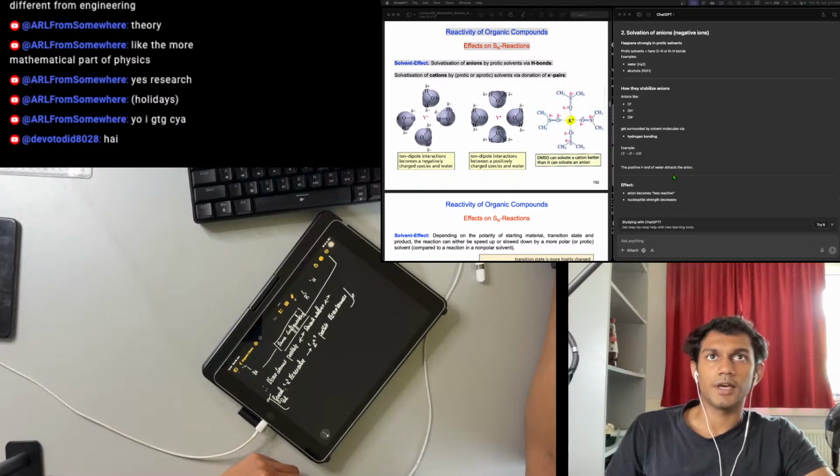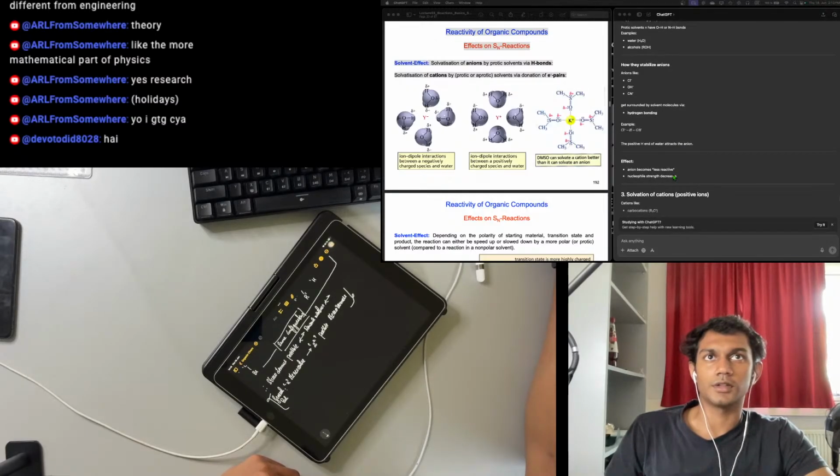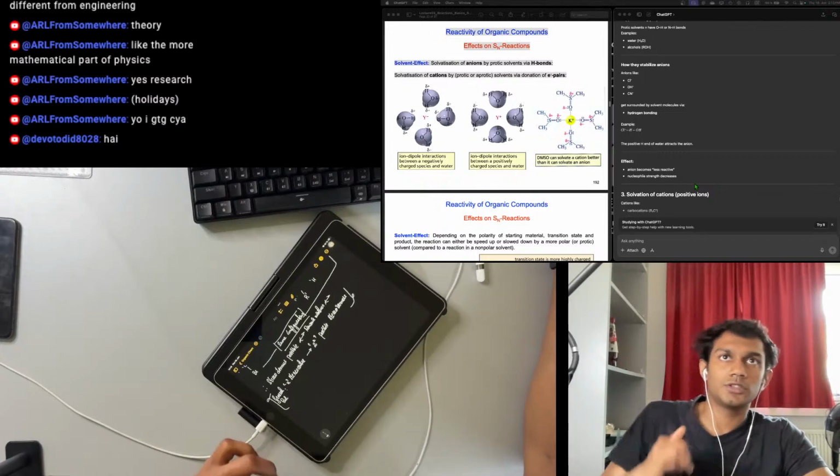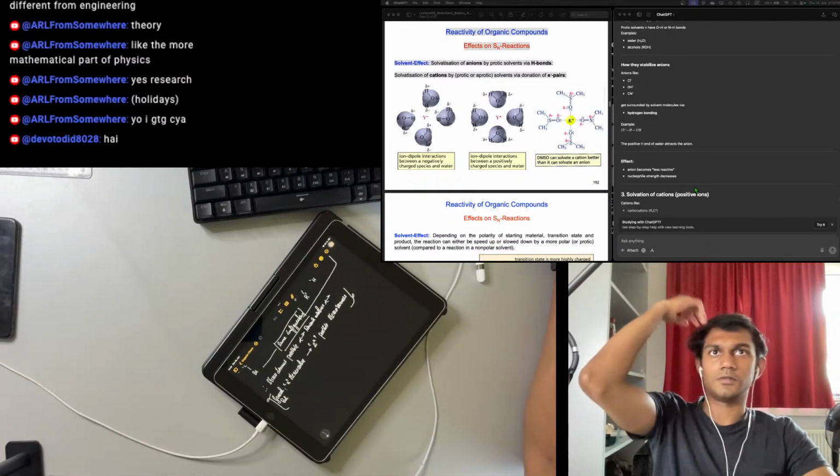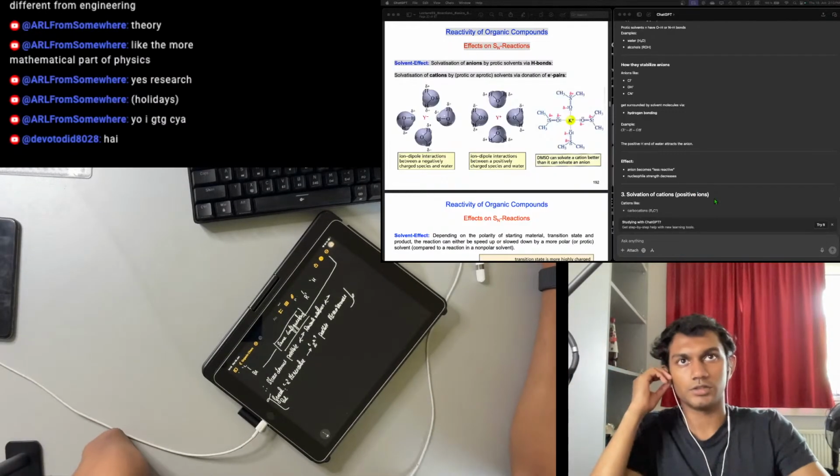The positive H end of water attracts the anion. The anion becomes less reactive. Nucleophile strength decreases.